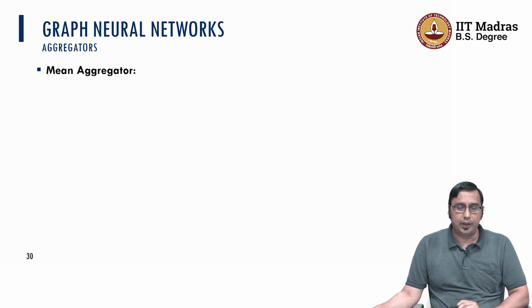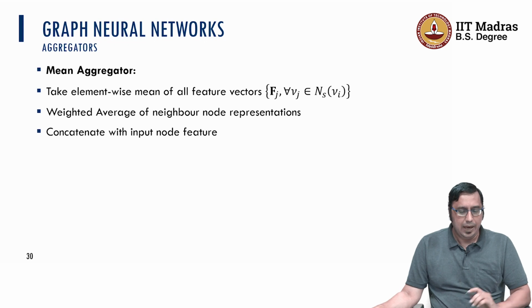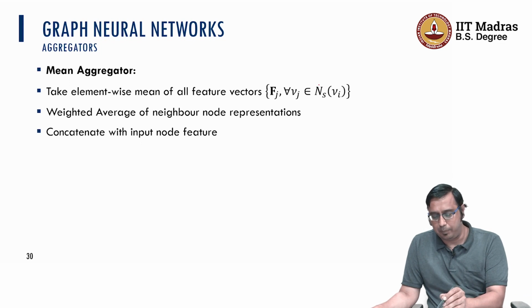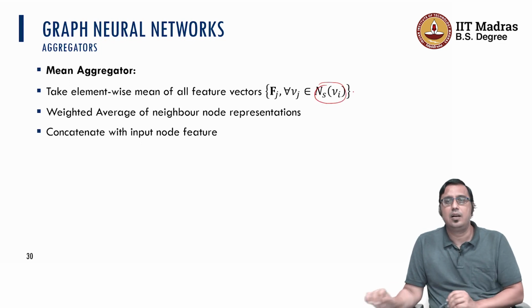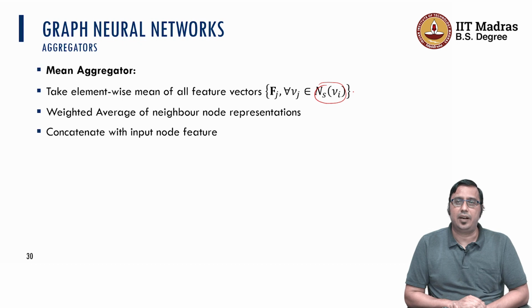Now let's look at how we can use different kinds of aggregators, the aggregate function, to get updated features. In the mean aggregator, what we do is the following. We take the element-wise mean of all the feature vectors in this sampled neighbor set.